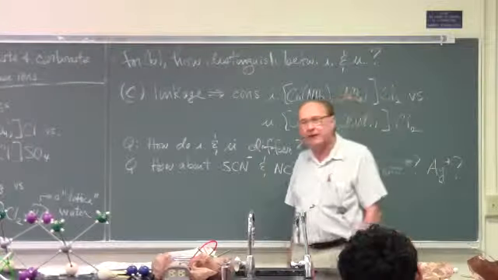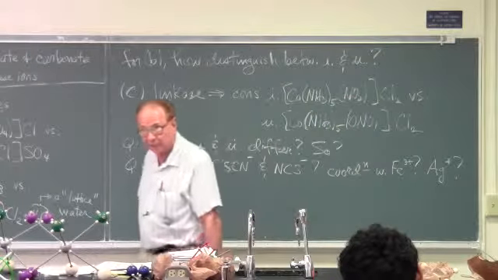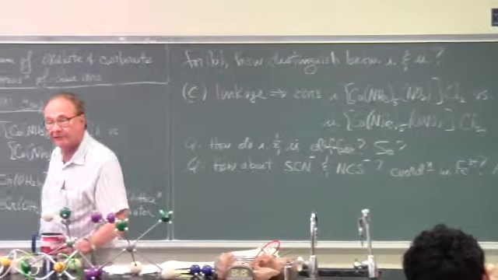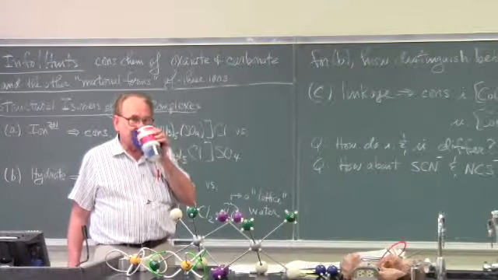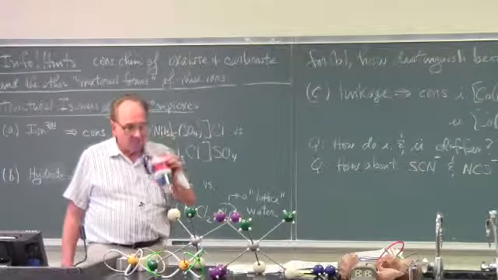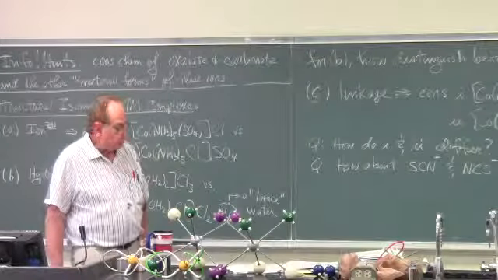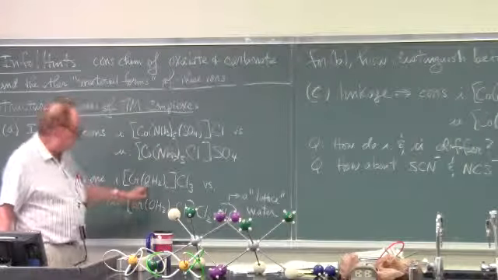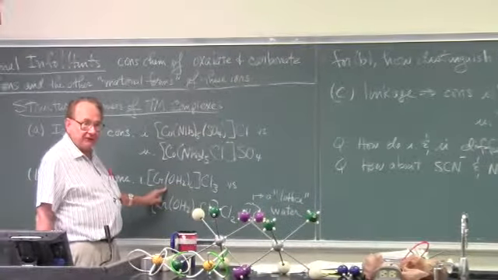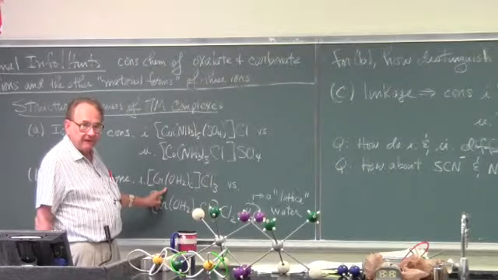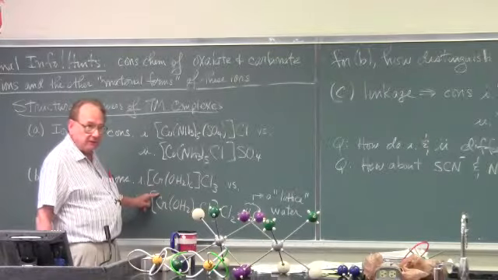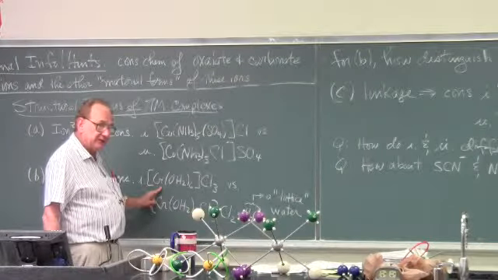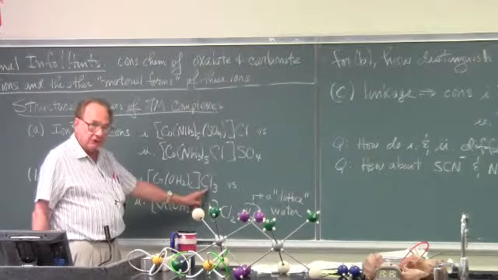A method you learned about in 2045 laboratory. What might this method be? Conductivity. How about that? A mole of this. How many moles of ions per mole of compound? 4. 1 mole of complex, which is a +3 ion, 3 moles of chloride ion.